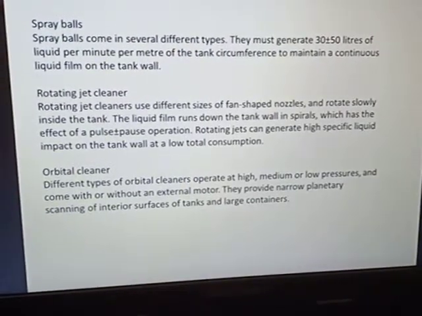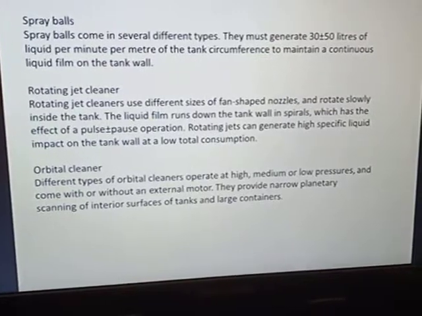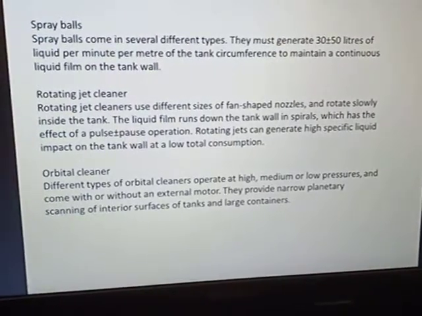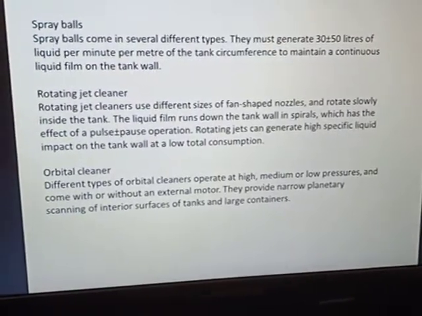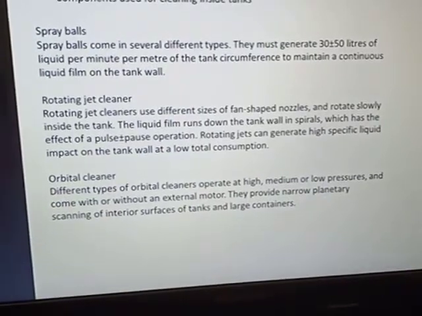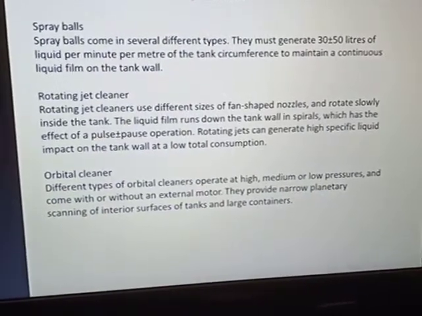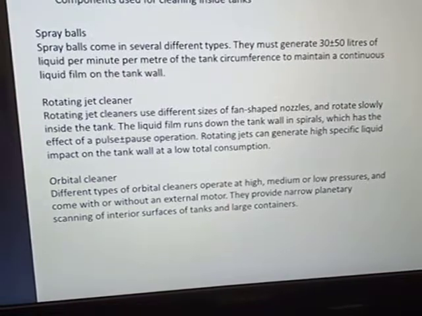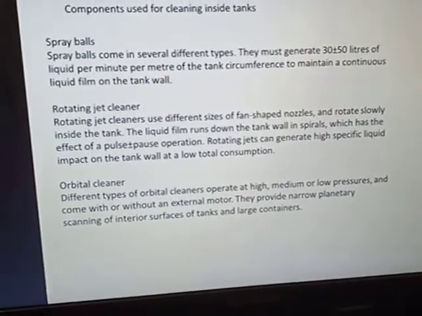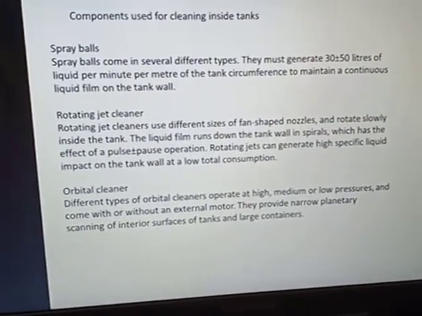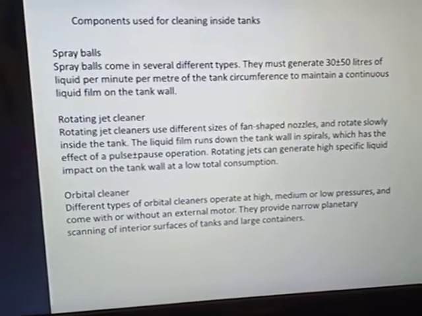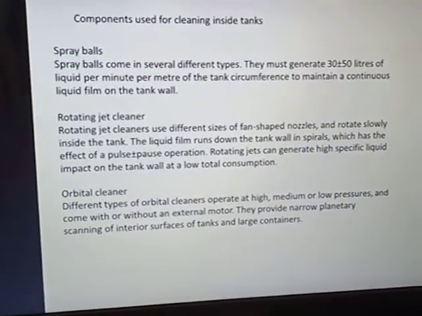Liquid film runs down the tank wall in spirals, and the effect of pulsation or pulse operation. Rotating jets can generate high specific liquid impact on the tank wall at a low total consumption. So you can spray with a low volume with the same effect.